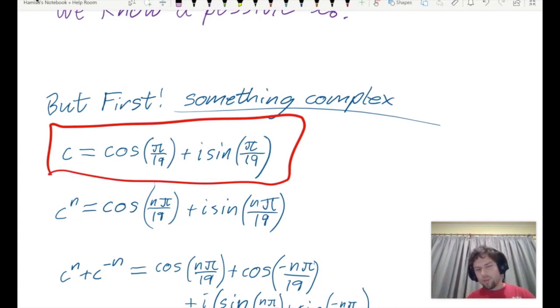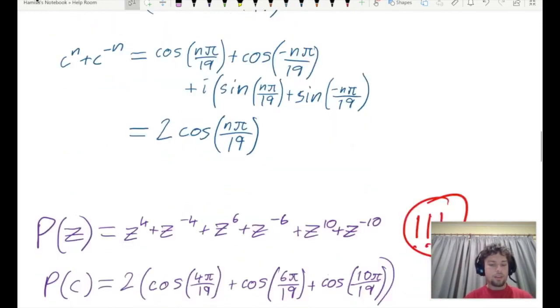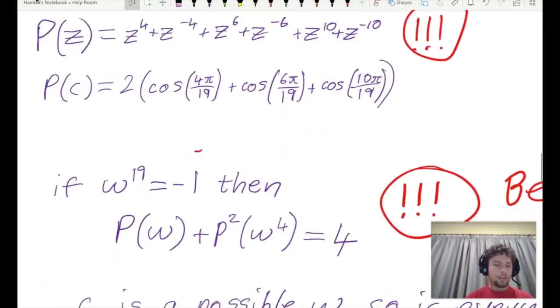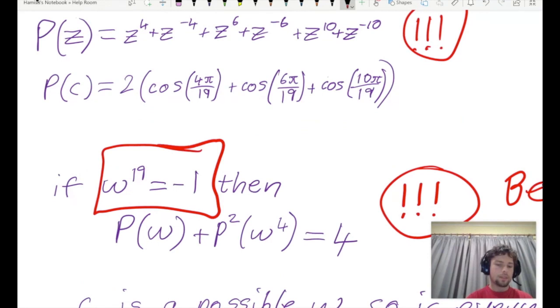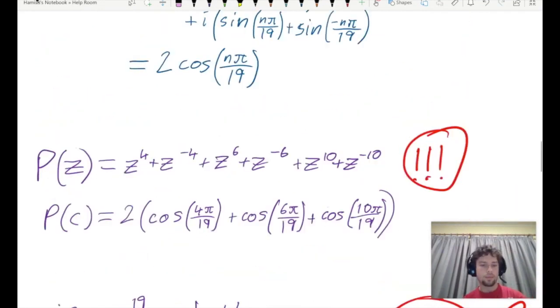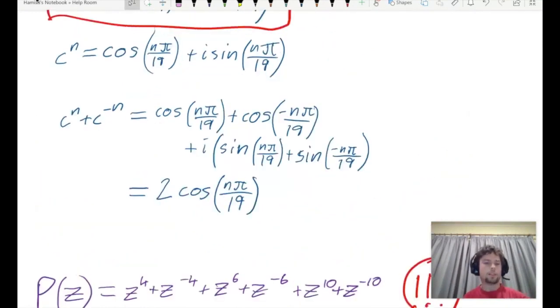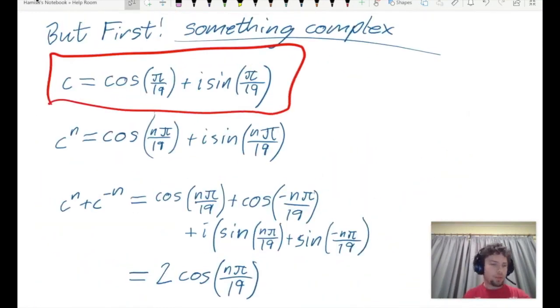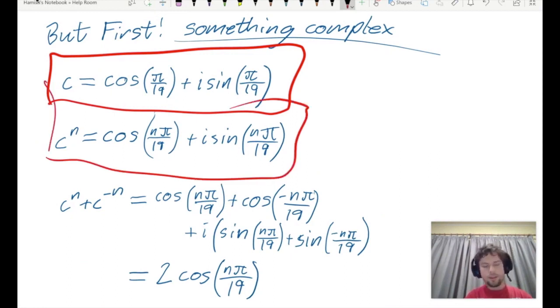We're using the angle pi over 19 because this complex number is, firstly, a solution to this equation: c to the 19 equals -1. But also because when you raise a complex number to a power, instead of multiplying the number by itself, you just multiply the angle inside the fraction.